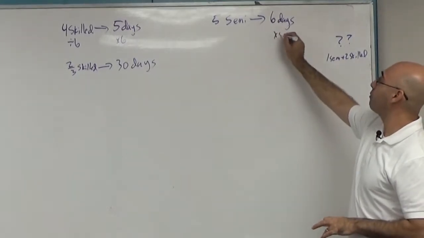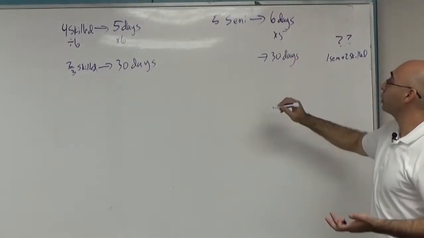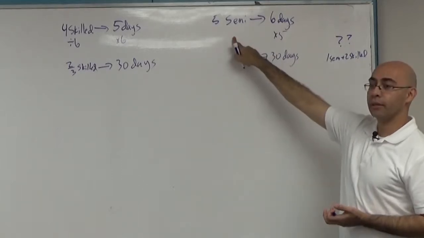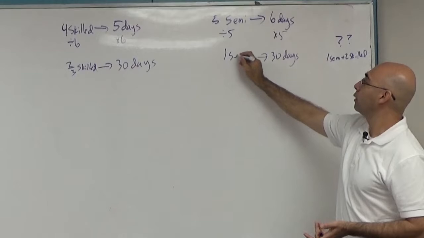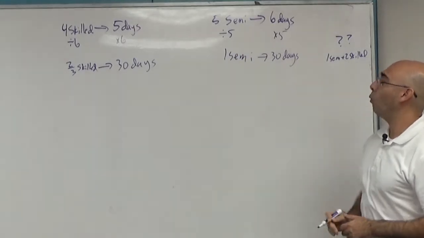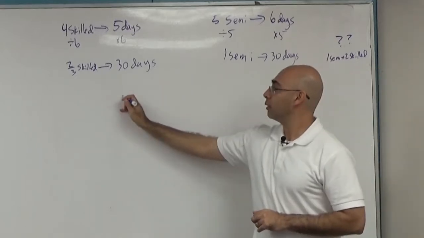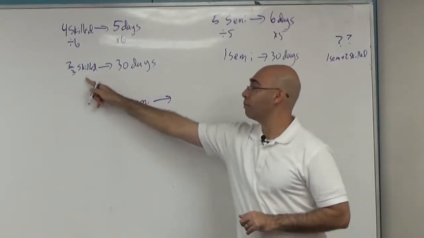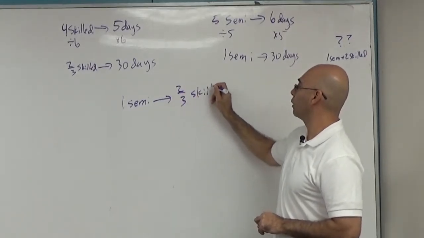Here, I have to multiply by 5 to get 30 days. And again, the question I ask is, if it's going to take more time, I'm going to need fewer workers, so I'm going to have to divide. So 1 semi-skilled worker is the same as 2/3 of a skilled worker.